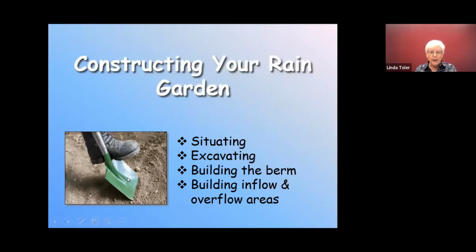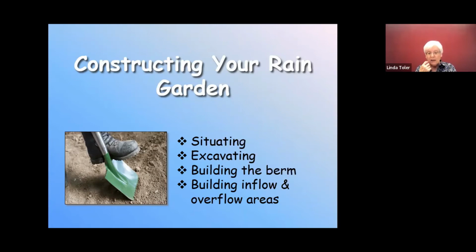All right, so we know where we want to put our rain garden in our landscape. Now it's really time to roll up our sleeves and get to work. And this is probably the hardest part of putting in a rain garden. We're going to be talking in this section on situating the rain garden relative to the runoff flow.